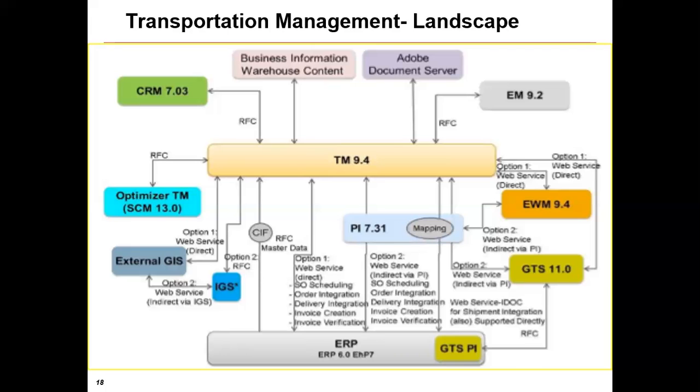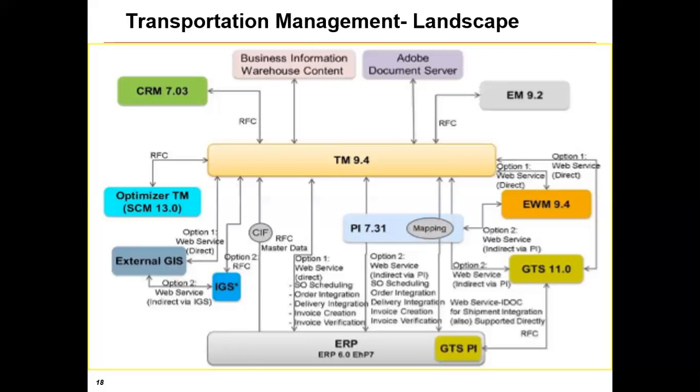Option 2 has the RFC connections between TM and IGS. So please note down IGS stands for Internet Graphics Services. It is basically an HTML and internet based service connecting to GIS.